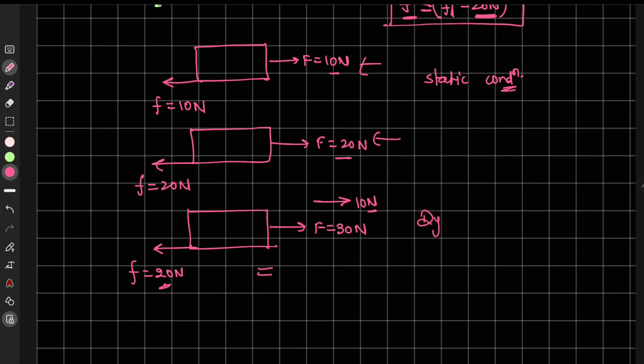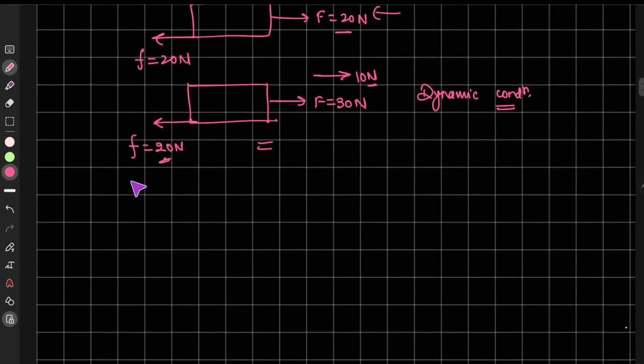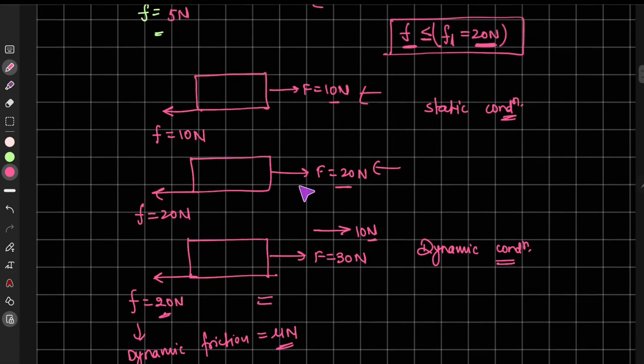So this is called the dynamic condition, and in the dynamic condition we will have the dynamic friction, which is equal to mu into N. And in all static conditions, we can see that the body is in equilibrium and the friction force is equal to the force that we are applying.